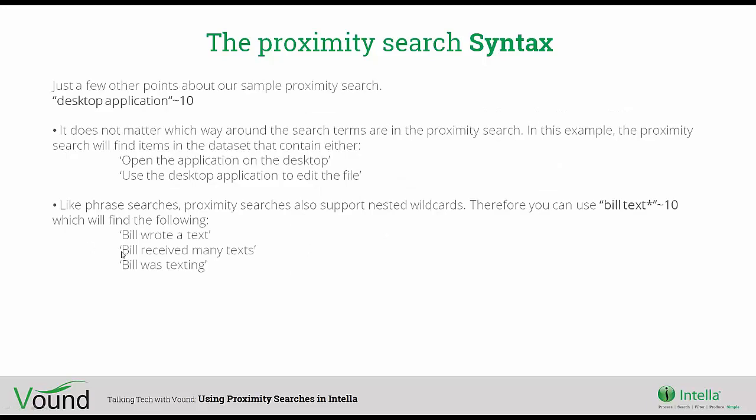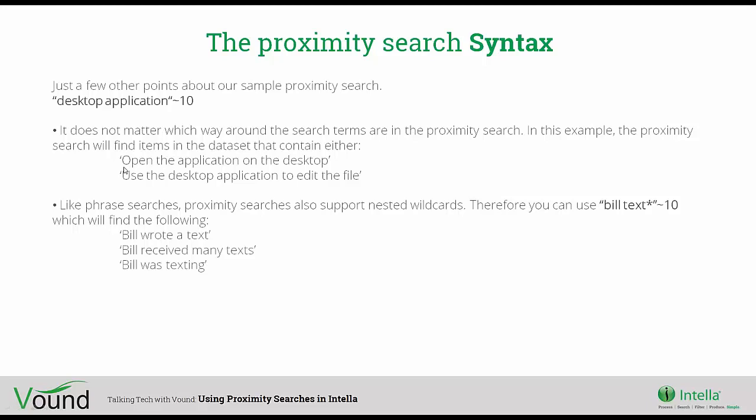Just a few more points about this example. It does not matter which way around these words are. These words are independently searched, and you could have desktop application within 10 of each other, or application desktop within 10 of each other, and you would get exactly the same results.